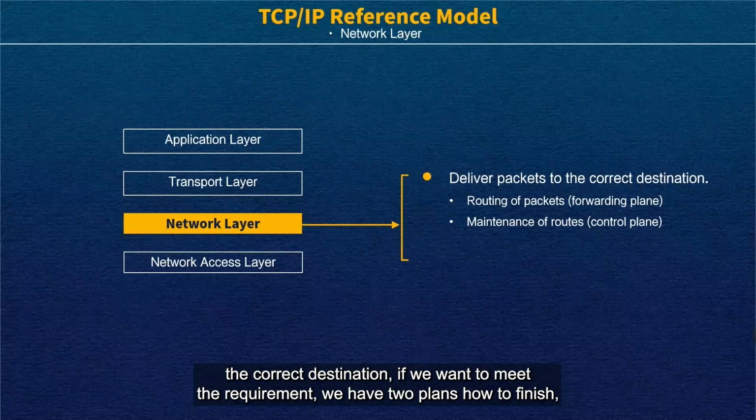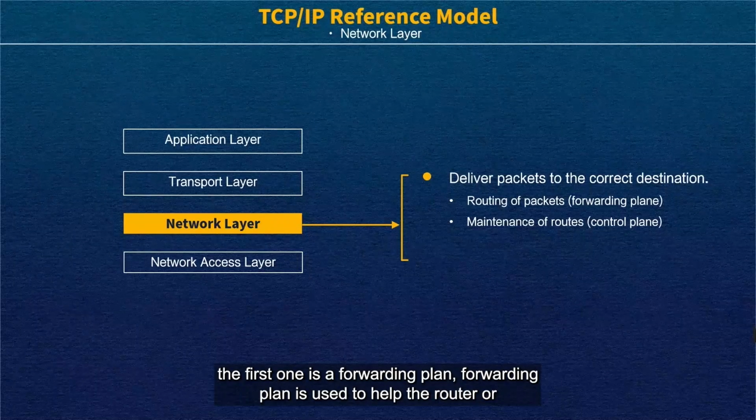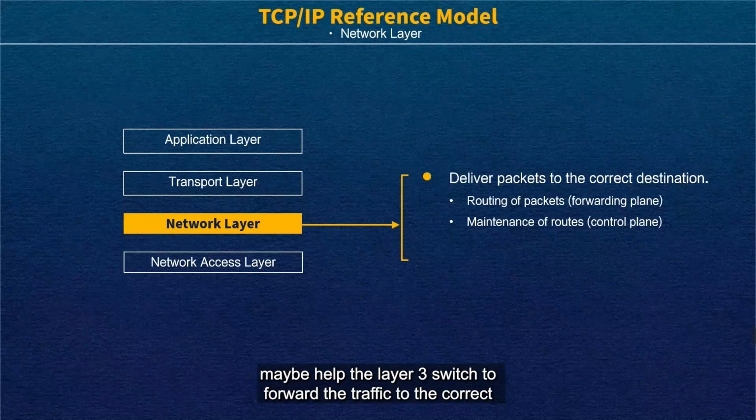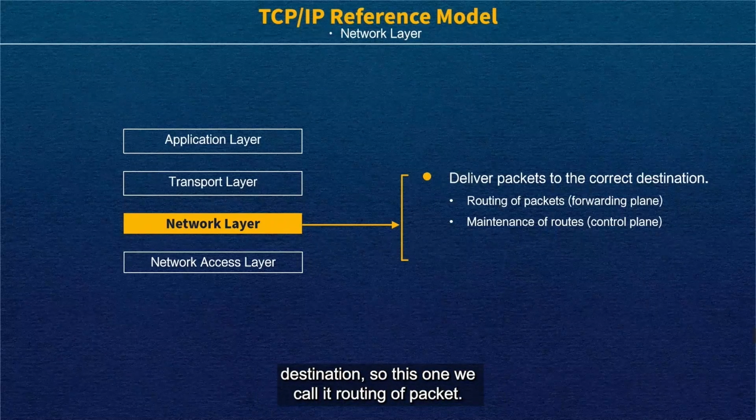To meet this requirement, we have 2 planes to finish. The first one is the forwarding plane. The forwarding plane helps the router or the layer 3 switch forward the traffic to the correct destination. This we call routing of packets.